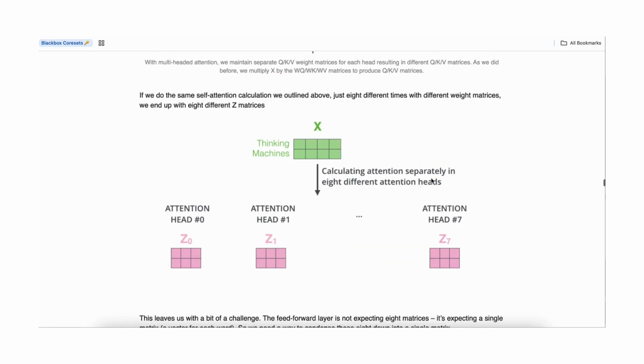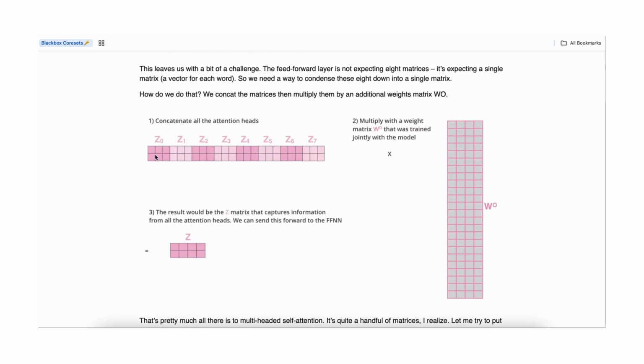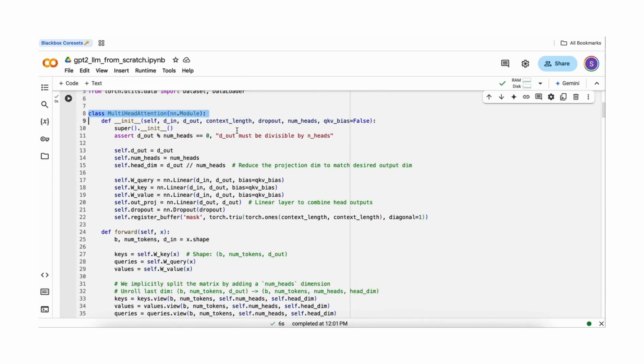Then the multi-headed attention simply concatenates all of these. If there are 8 heads, it concatenates the Z values of these 8 heads, and that is the final attention, the final Z that is passed on to the next layer. So with that, let's see how it's implemented.